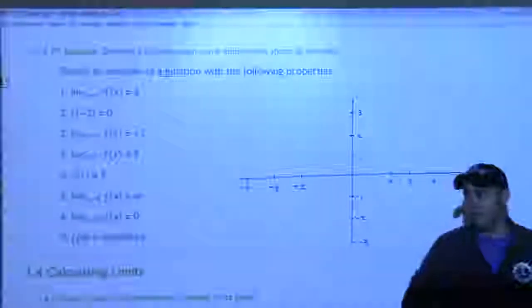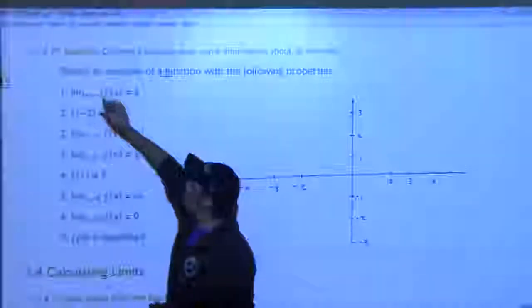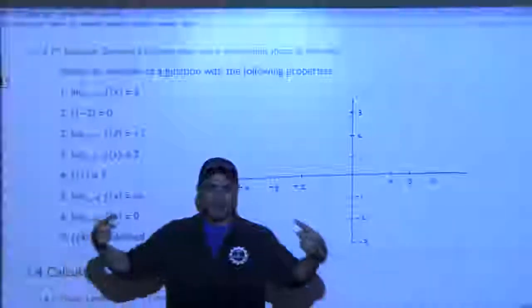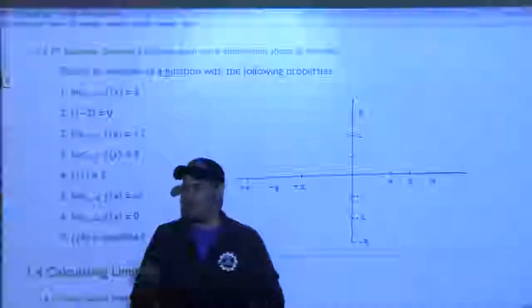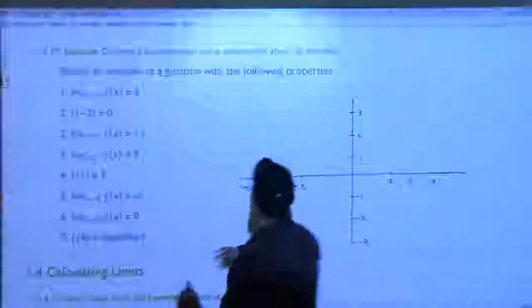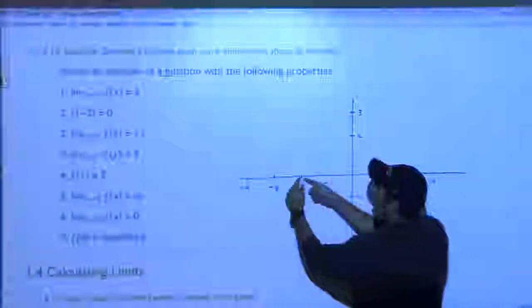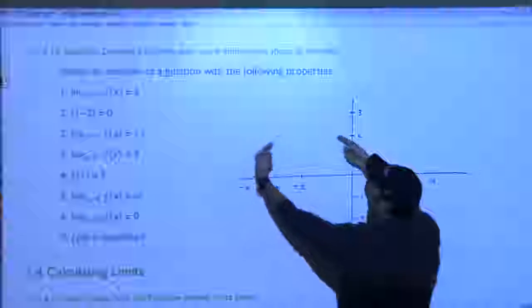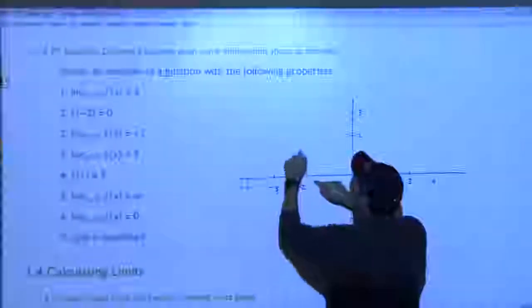Both sides. So we are approaching the x value of -2 from both sides. The y coordinate should be approaching 3. So when I draw my function, if I am approaching -2 from both sides, my function should be approaching 3. So I'm going to go ahead and put that here.